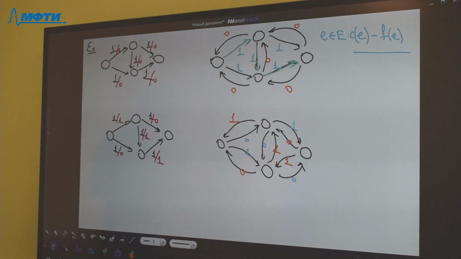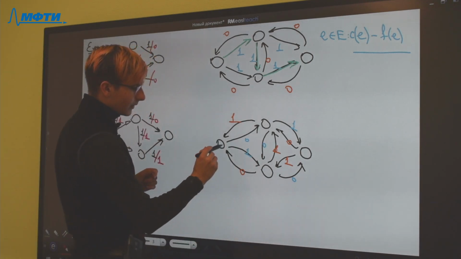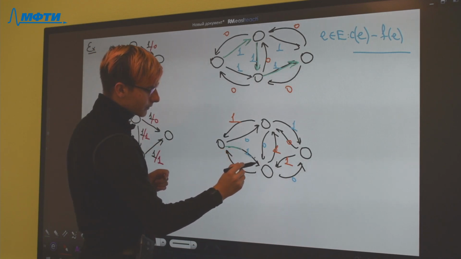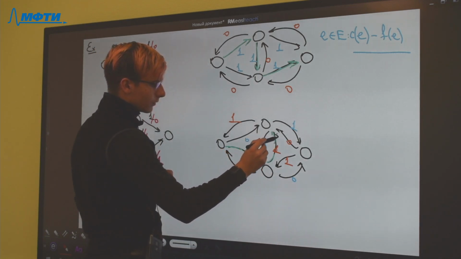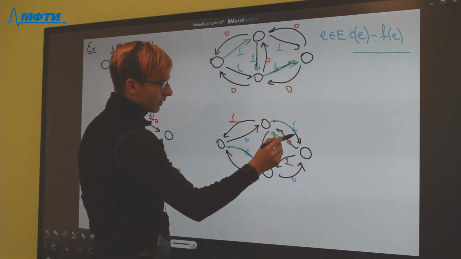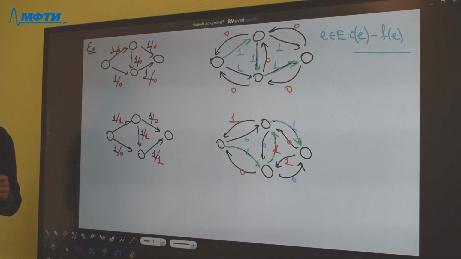Okay, and now we see that we have a path from the source to the sink through these edges. And we can use backward edges too. And if we use backward edges, it means that we need to decrease the flow through this edge.